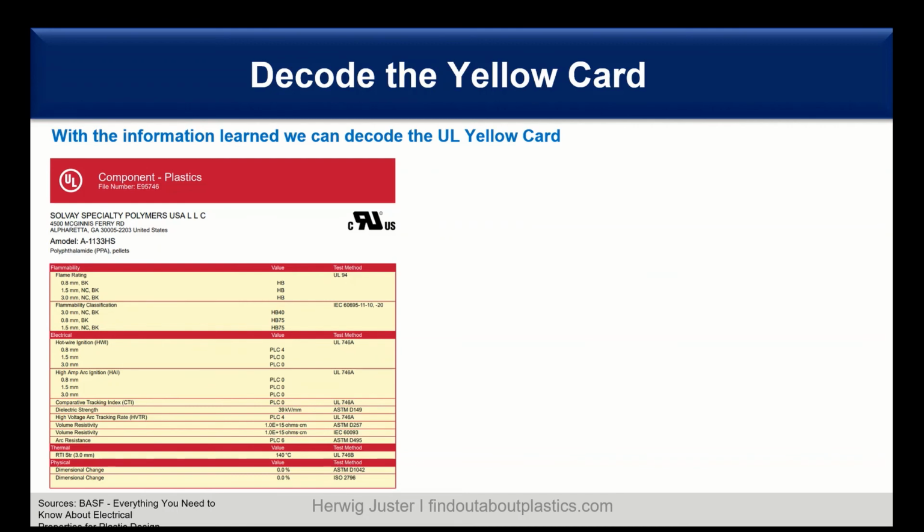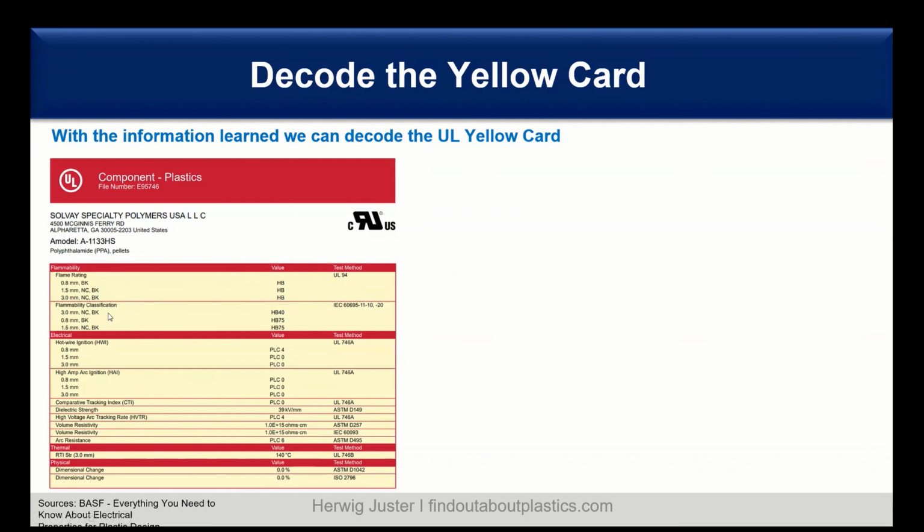Here is an example, 33% glass fiber reinforced polyphthalamide, PPA, and in the first 2 boxes here you can see the flammability rating. We have different millimeters, 0.8, 1.5 and 3 millimeters, and you see here HB, that means the horizontal burn, and here the test methods UL94.